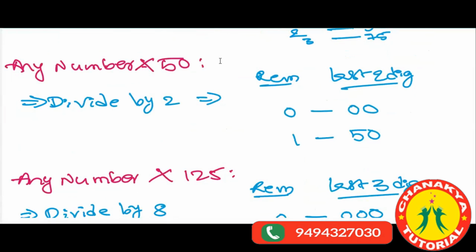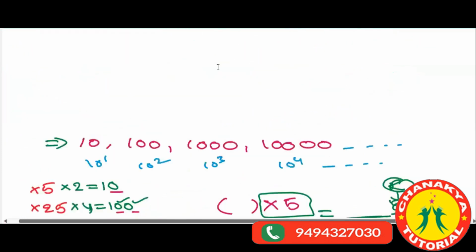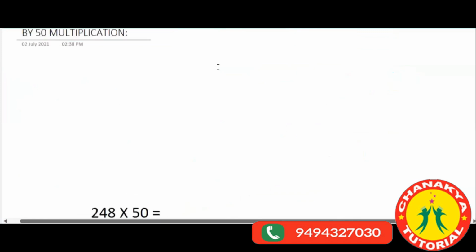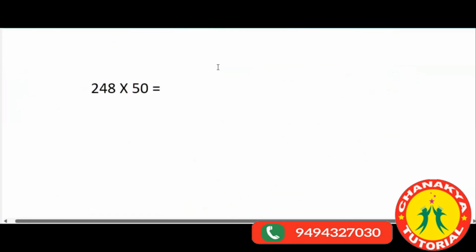Okay, and what are the remainder possibilities? 0 and 1. What if 0 is the remainder? Then 0, 0. What is that 0, 0? The last 2 digits. Yes, apply the same thing here. Now we don't multiply by 50, we will divide the given number by 2. Advika, tell me the quotient.